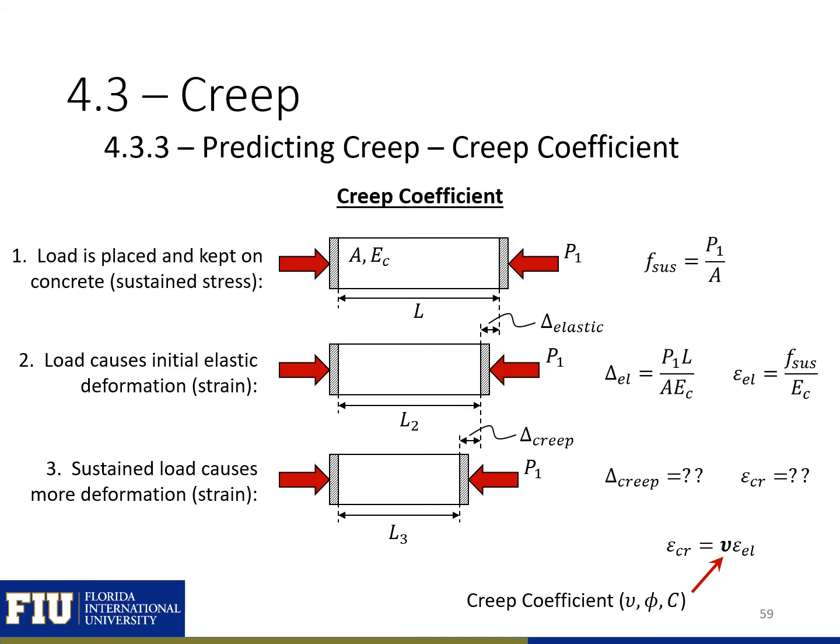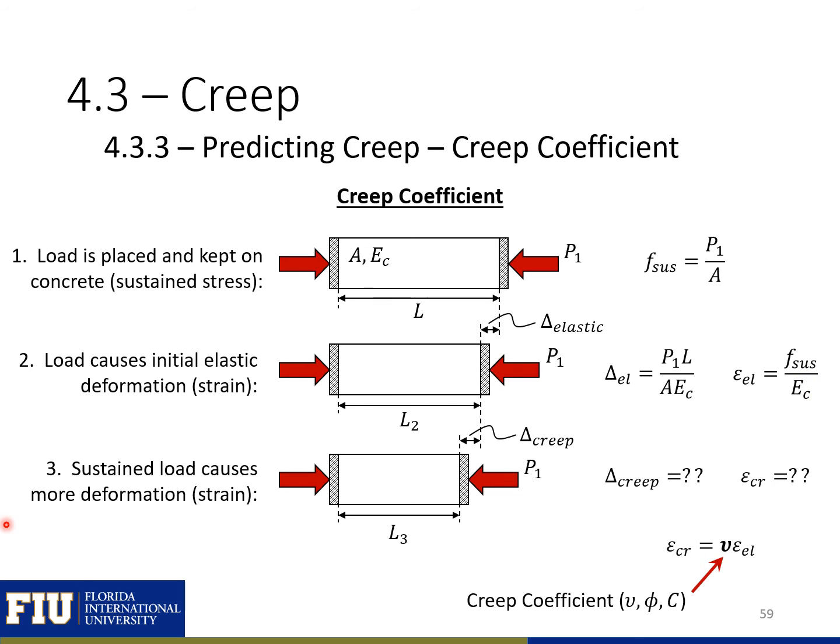When predicting creep, we need to know what the creep coefficient is, which is explained on this slide. So when we place a load on a column or a beam or a structure and keep it on the structure, what we'll see is we'll have an initial sustained stress. This initial sustained stress is going to cause an initial elastic deformation or strain, which we can calculate. And our initial elastic strain is just our sustained stress divided by our modulus.